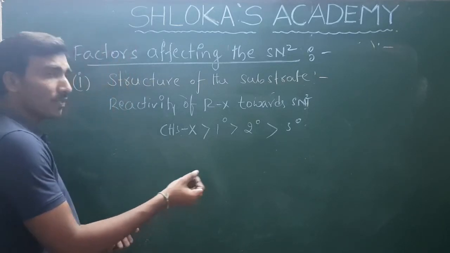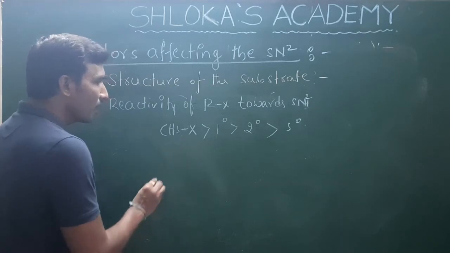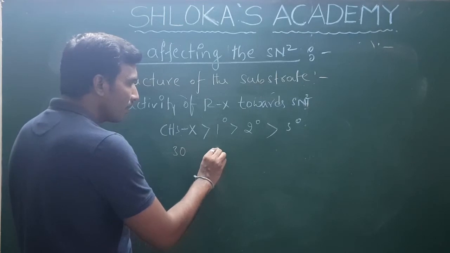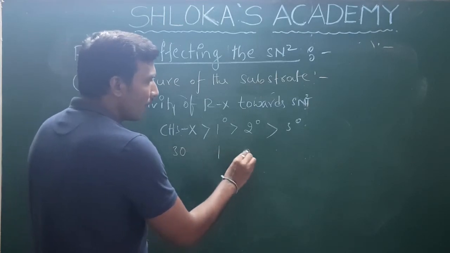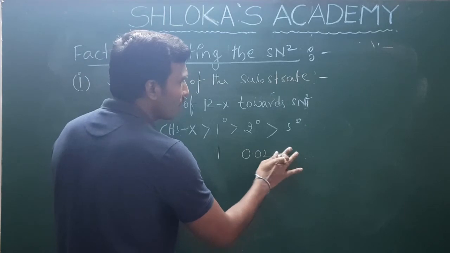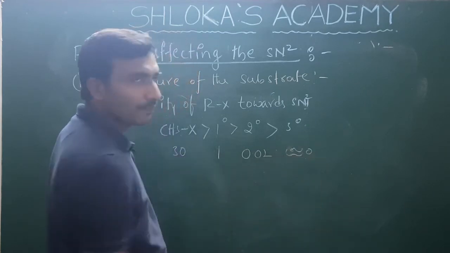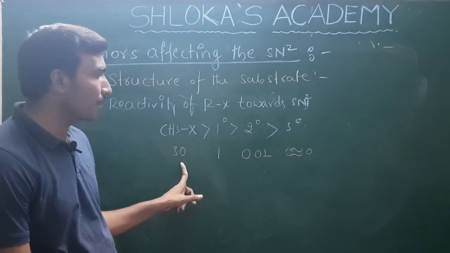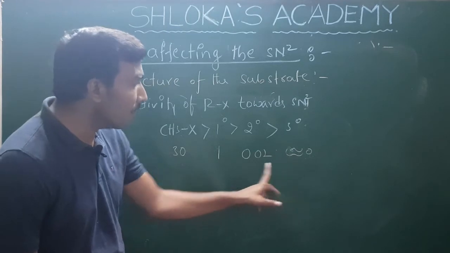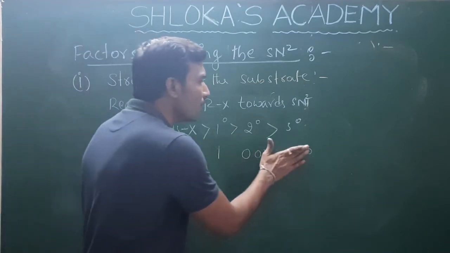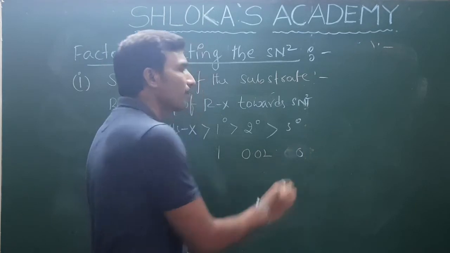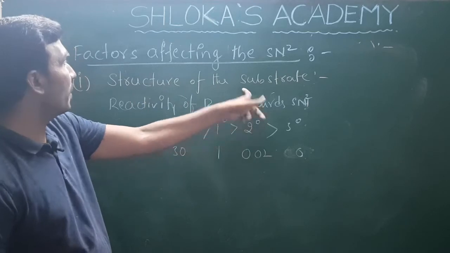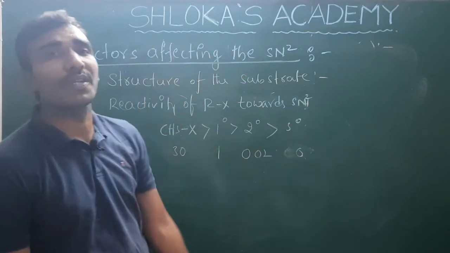Here are the approximate experimental results for the relative rates: methyl halide is about 30 times faster than primary, then secondary is 0.02, and tertiary is almost 0. Means compared to primary, the methyl halide is 30 times faster. So this is the relative rate towards SN2. In tertiary it is almost 0. That is how the structure of the substrate can affect the SN2 reaction.